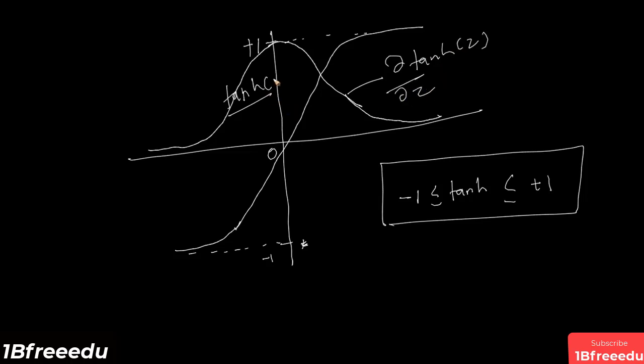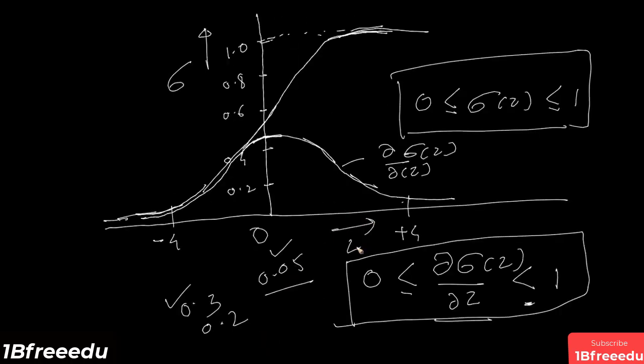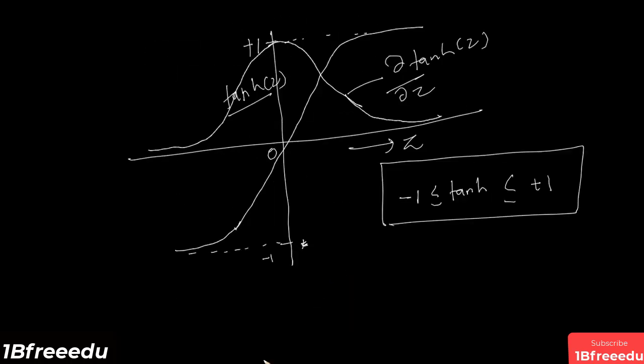This is tanh of z, and of course, this is z here. So if we look at the shape of this derivative curve, it is also similar to the shape of a sigmoid curve, right? Of course, this is a slightly bigger curve than sigmoid.